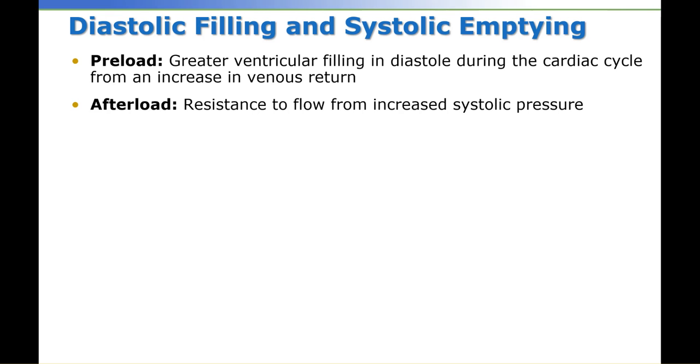But actually what they found was that it was not just based upon the stretch in the ventricles in diastole to produce more forceful ejection, but it was also the more complete systolic emptying.